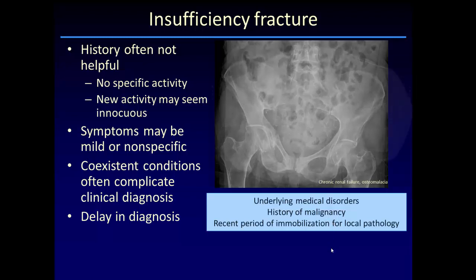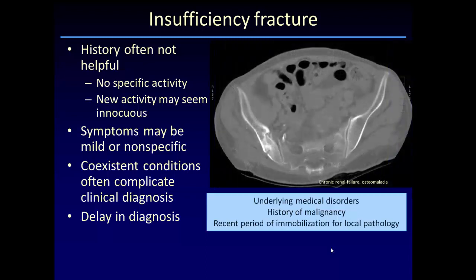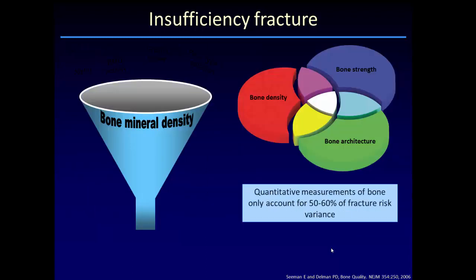So these tend to be diagnosed relatively late and are frequently overlooked in their early phase. Now, as imagers, we tend to rely on bone mineral density measurements as our hallmark for deciding when the bone is insufficient. But this is actually not a complete picture of the strength of the bone.